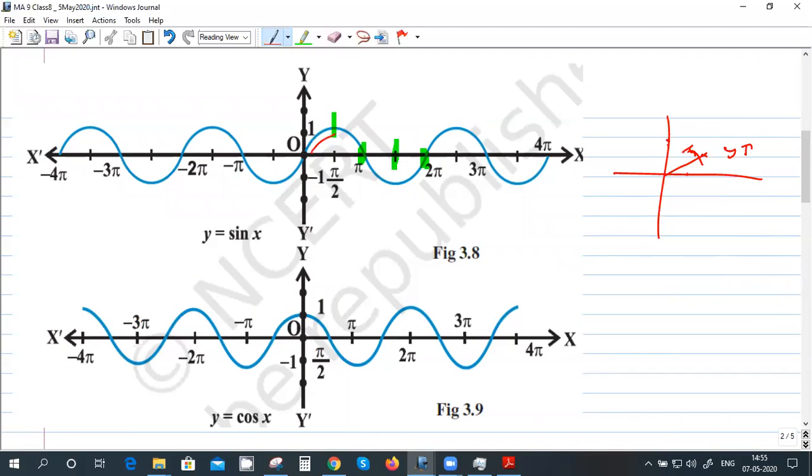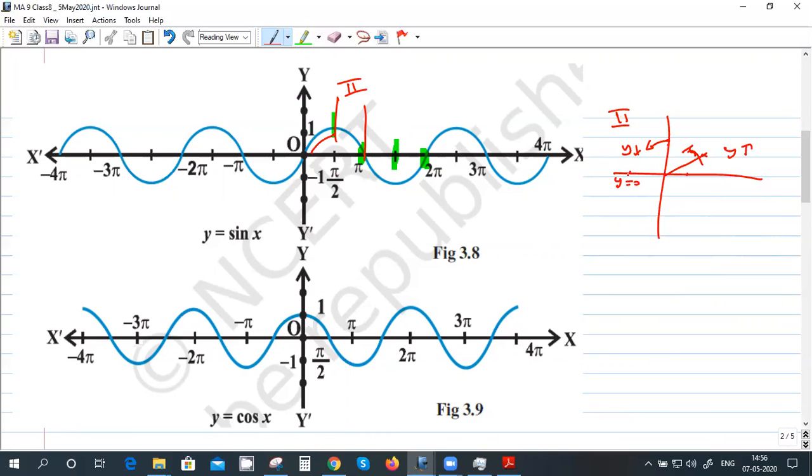After this point, if you move like this, y is dropping down, right? Yes. And here y becomes 0. So this dropping down part is this part. This is the second quadrant, pi by 2 to pi.